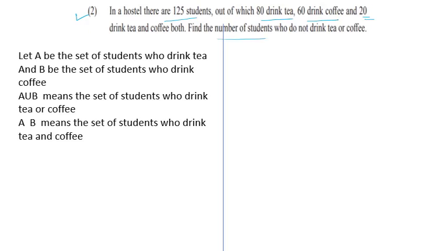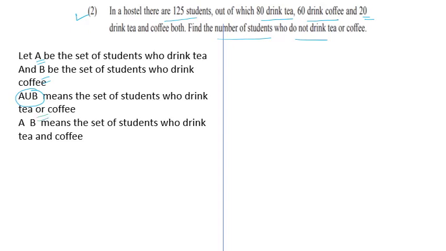Find the number of students who do not drink tea or coffee.